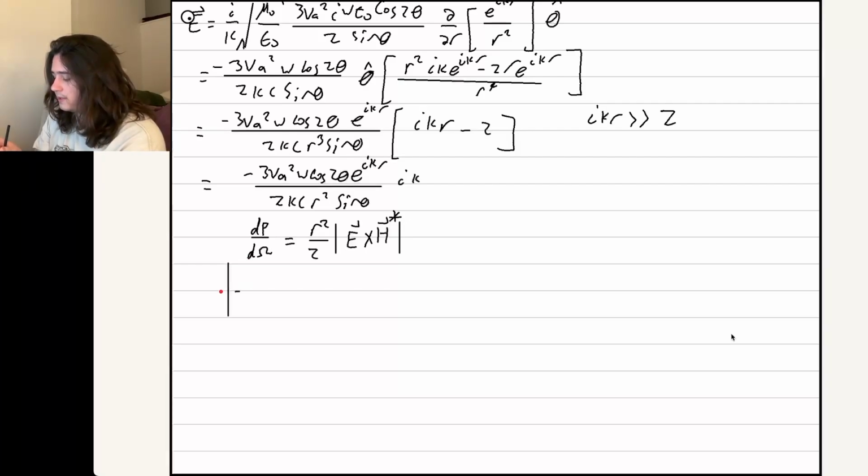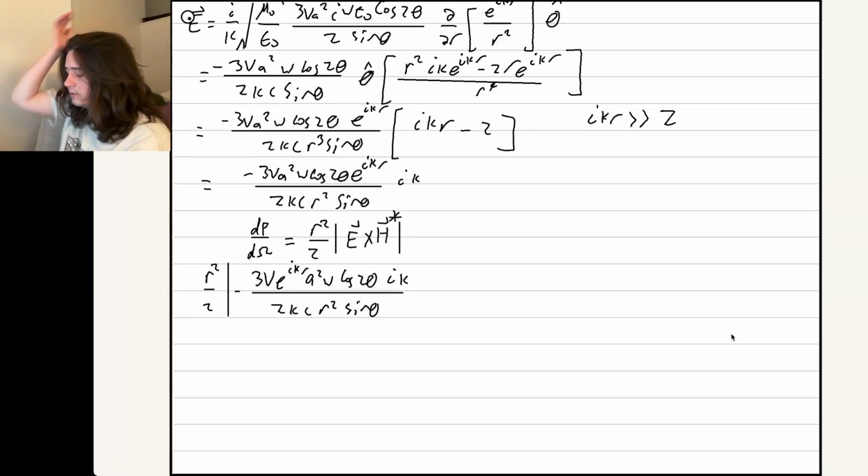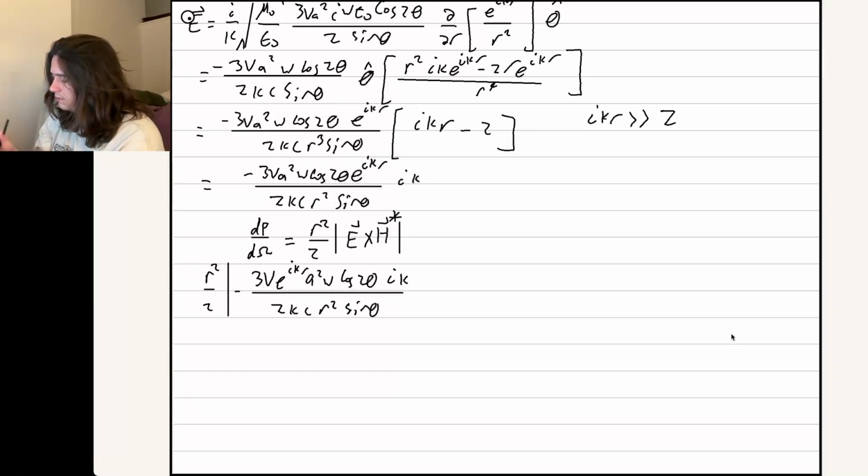So it's going to be minus, we're going to have an r squared over 2 out front, minus 3v e to the ikr a squared omega cosine 2 theta i k over 2kc r squared sine theta. That's the electric field prefactor stuff.